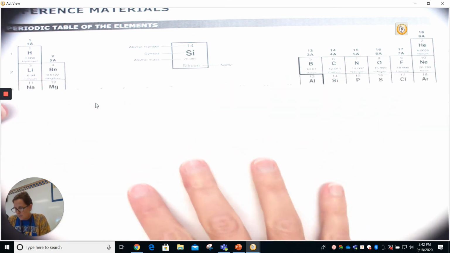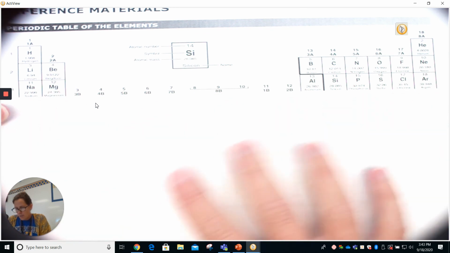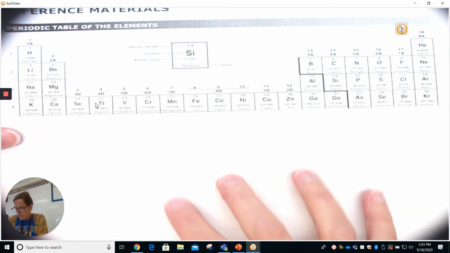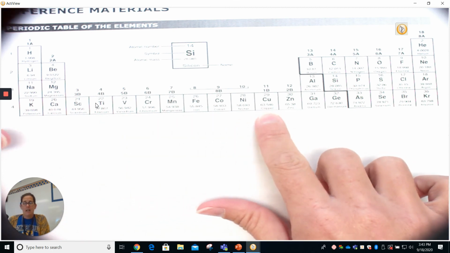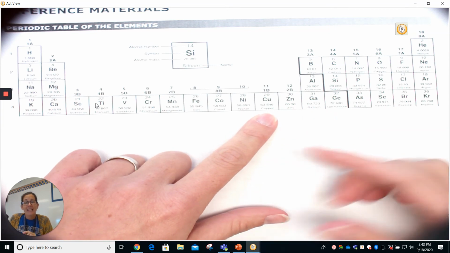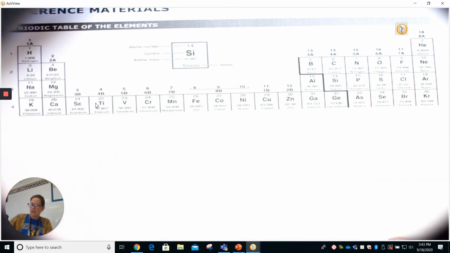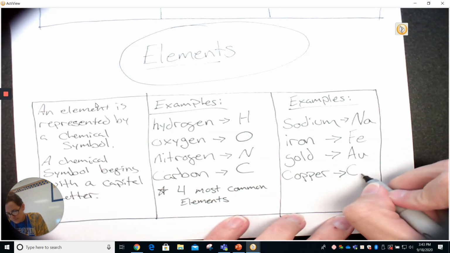I don't see it yet. We're just going to keep going down one line at a time. Copper, copper, copper. Oh, that was loud. You see it yet? Oh, there it is. So copper is represented by the chemical symbol Cu. So we have a capital C and a lowercase u.